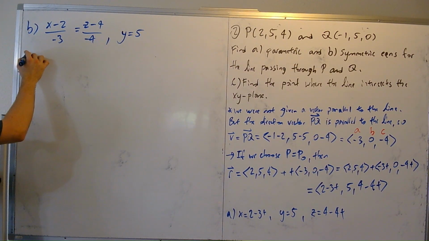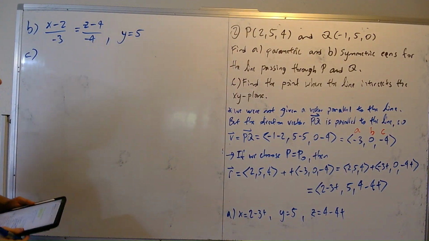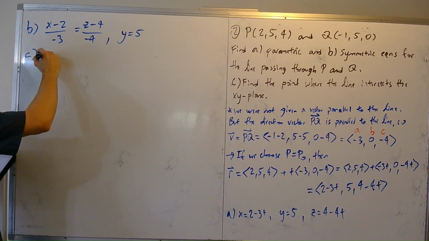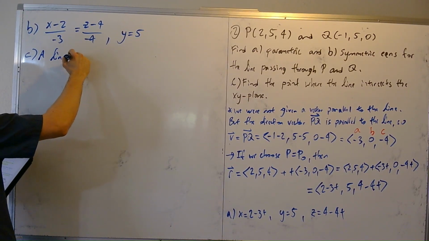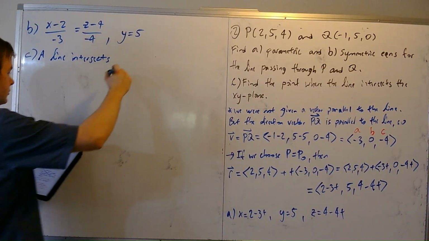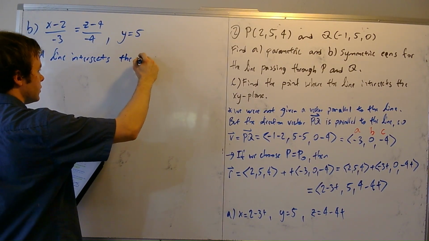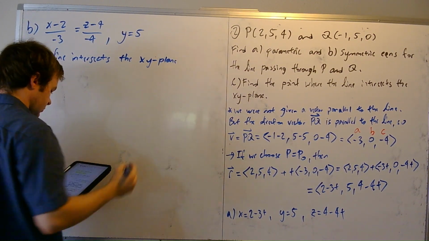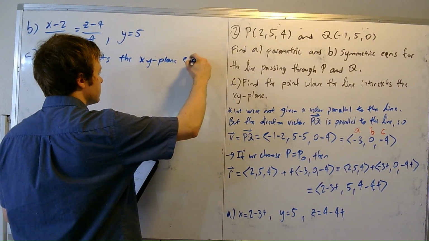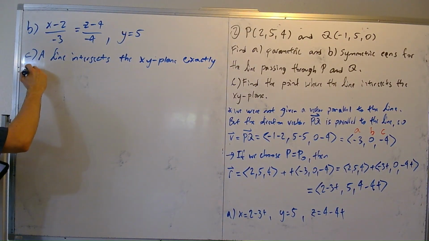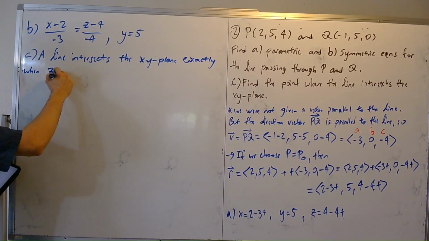And now part C says find a point where the line intersects the xy plane. So remember, z is equal to 0 on that plane. So a line intersects the xy plane exactly when z equals 0.